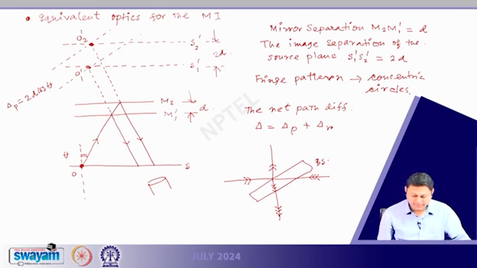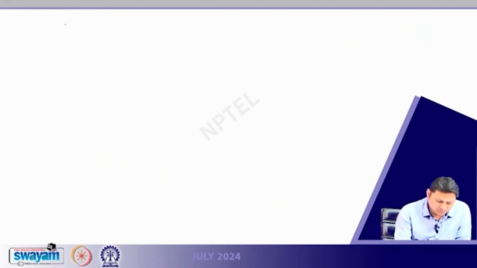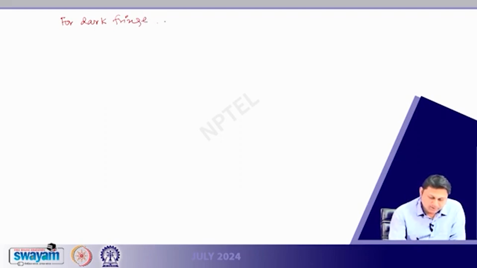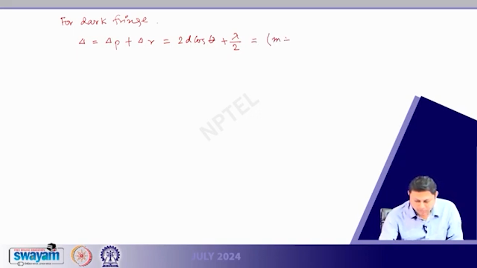If we consider this pi phase difference, then our condition for dark fringe will be: the total path difference delta equal to delta p plus delta r, which is equal to 2d cos theta plus lambda by 2, which is due to this reflection, and that will be equal to (m plus half) lambda, an odd multiple of lambda by 2 in other words.